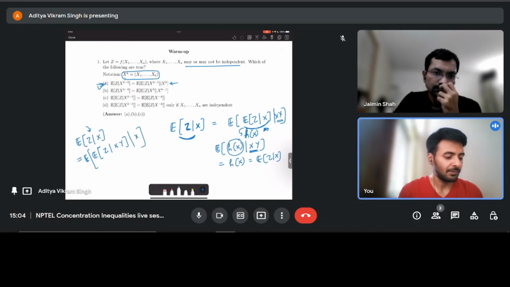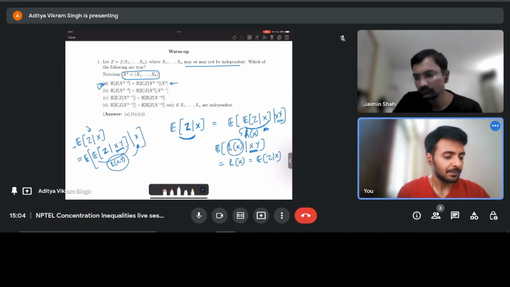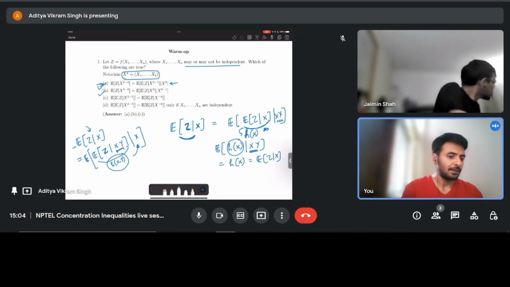So you're first computing z when you know both x and y, which is some function h of x comma y, and now given x, the best approximation of h of x comma y would be expectation of z given x. So B is also correct.